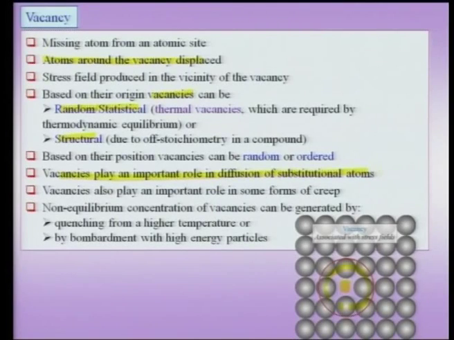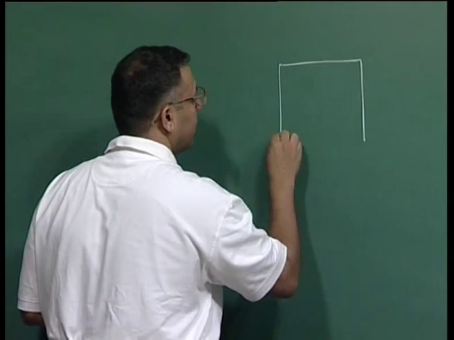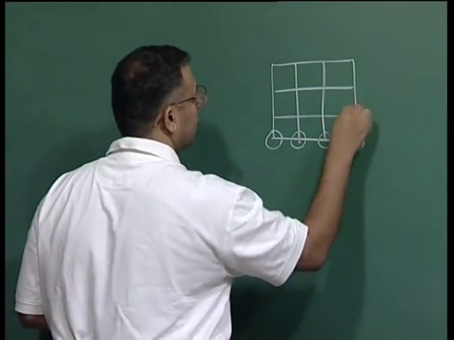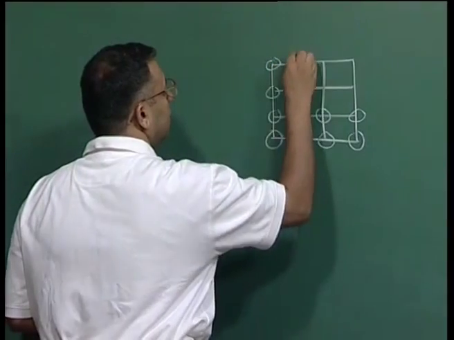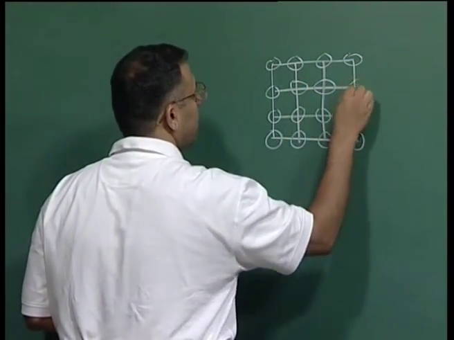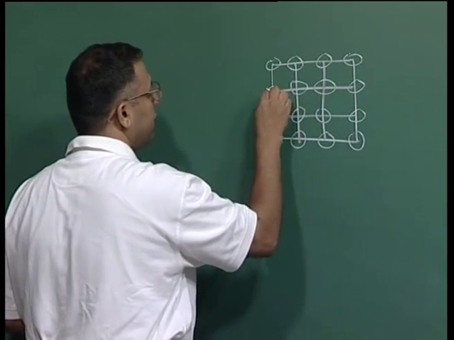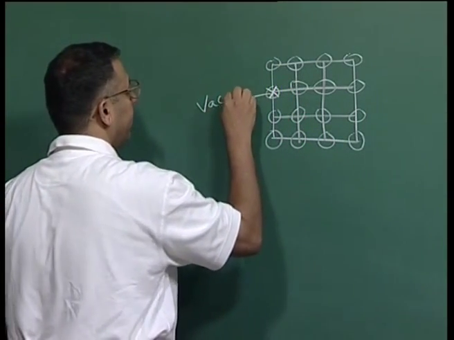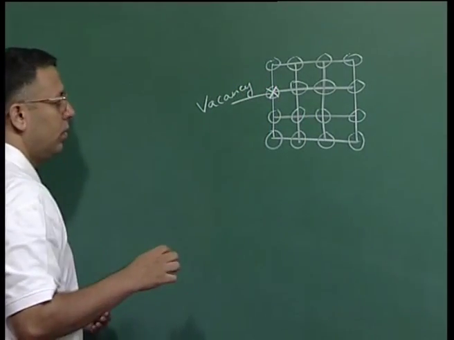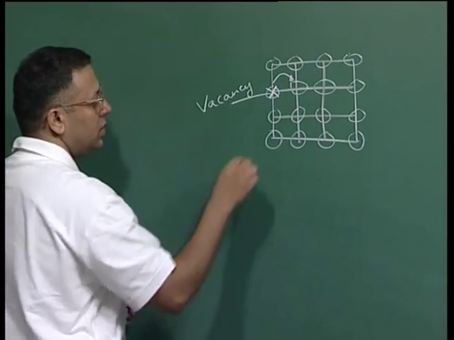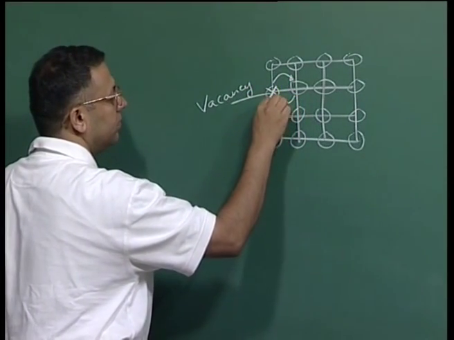That means a jump of a vacancy from one side to another can be considered as an opposite jump for the atom. So, let me show this on the board to you. This is my perfect crystal, and say for instance, one of these sites is vacant. So, this is my vacancy. Now, a jump of the vacancy from here to here can be considered as a jump of an atom from here to here.